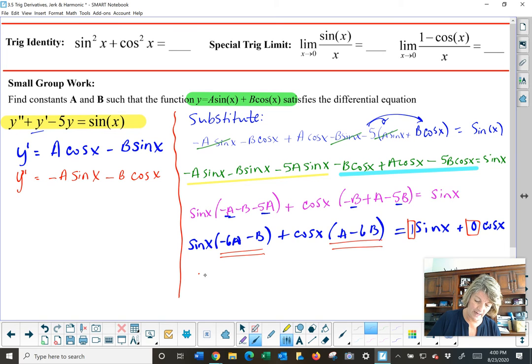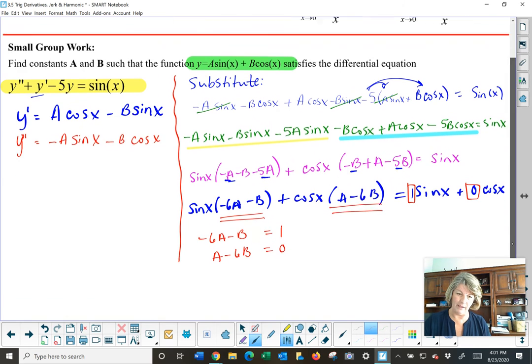So negative 6a minus b should be the same as 1. And the coefficient for the cosine on each side would have to be equal as well. So a minus 6b would need to equal 0.